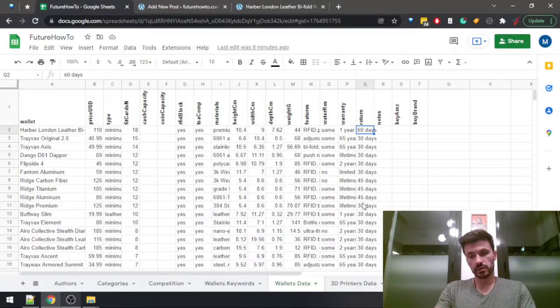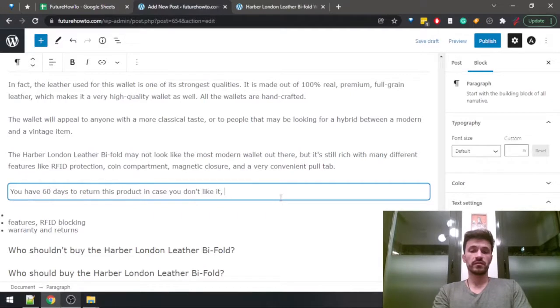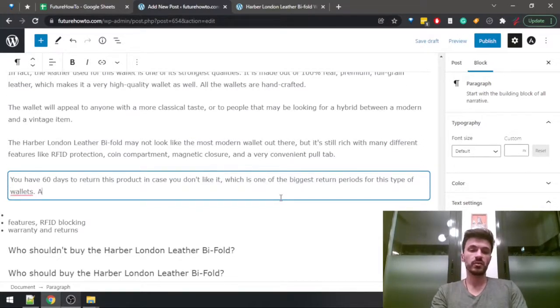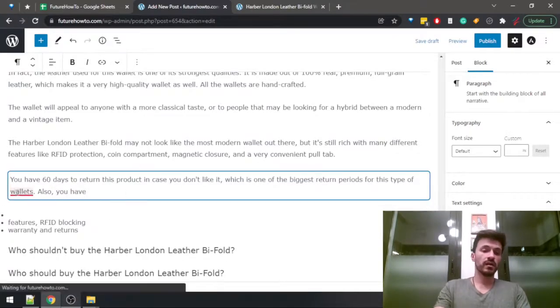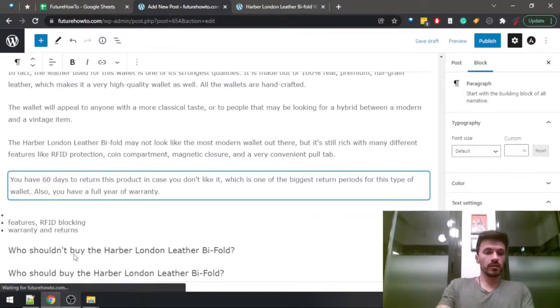This is like the highest one, I guess, which is one of the biggest return periods in the space for this type of products, wallets. Also, you have a full year of warranty.